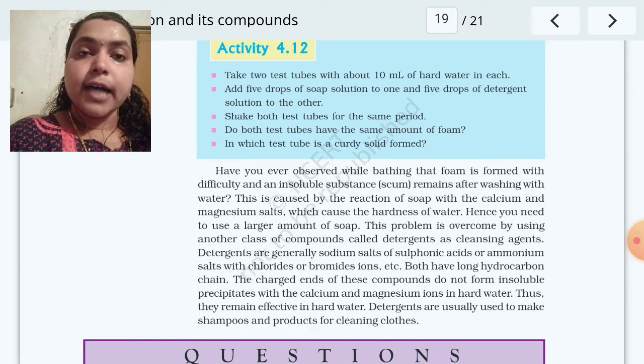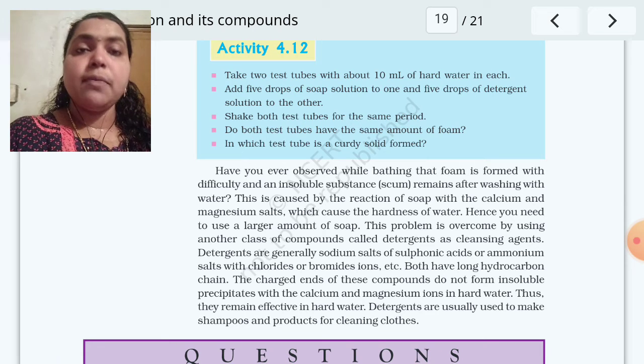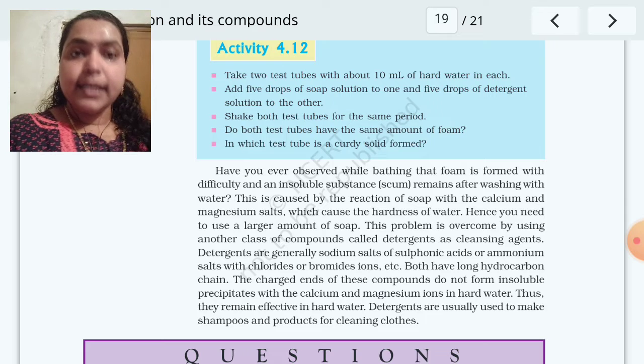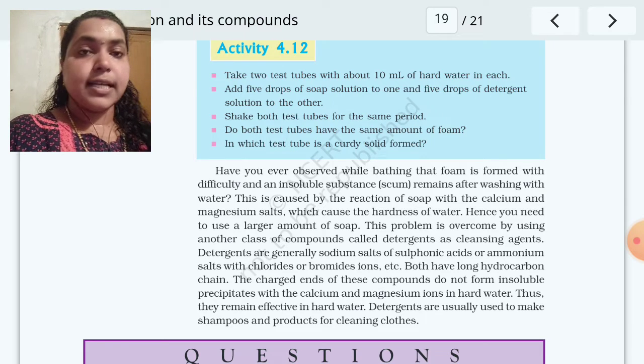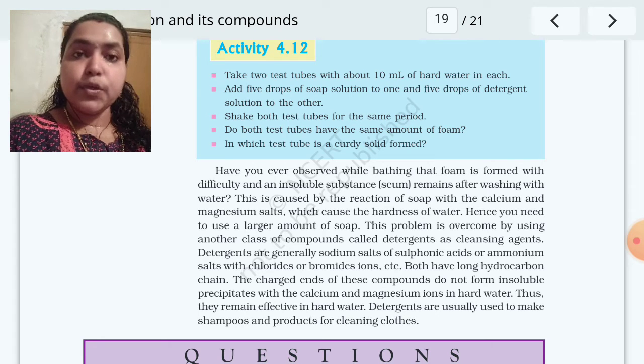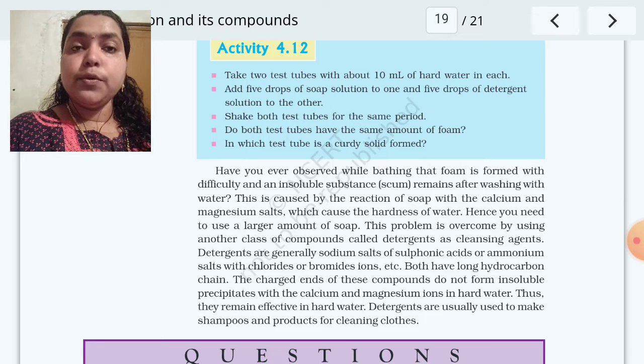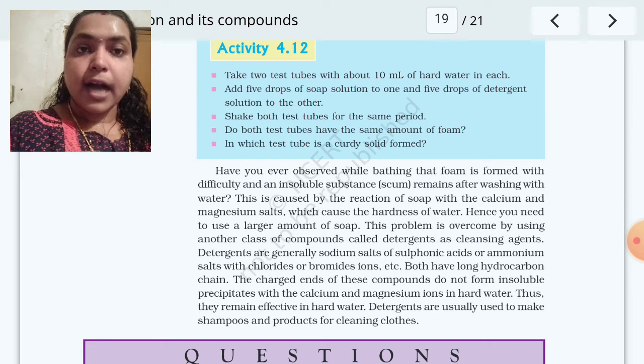Hard water contains magnesium or calcium ions, and detergents can be used in hard water, but soft water does not contain any magnesium or calcium ions. We can use soap in soft water, but detergents can only be used in hard water.